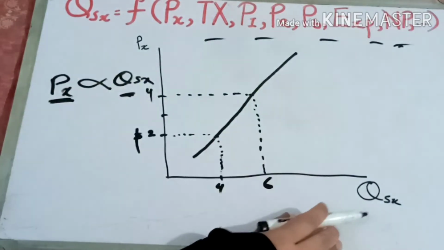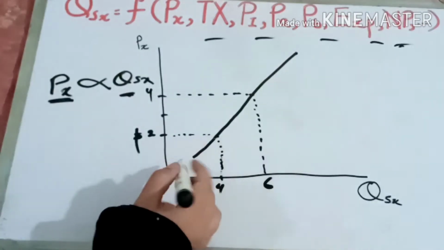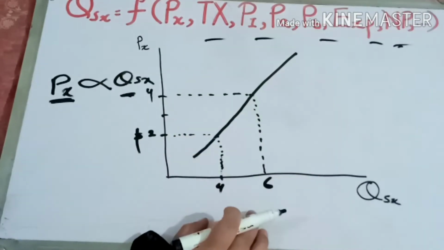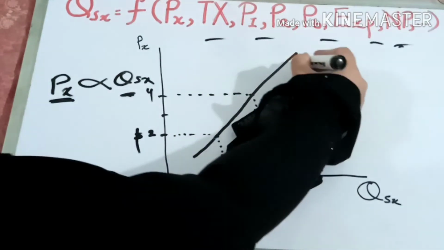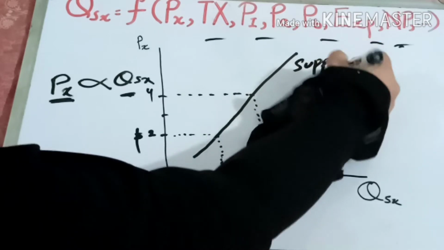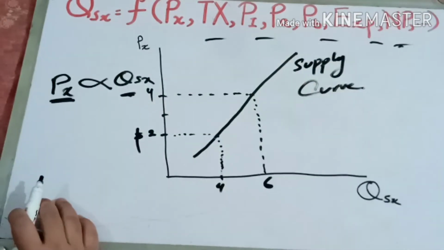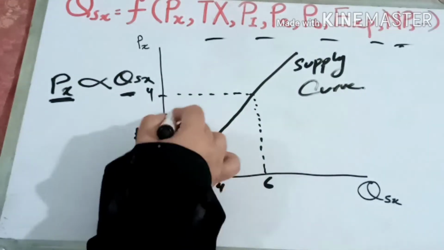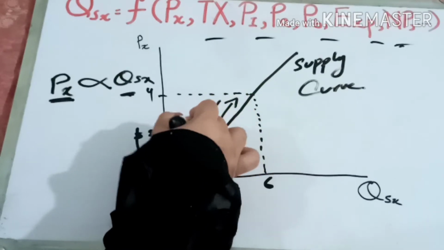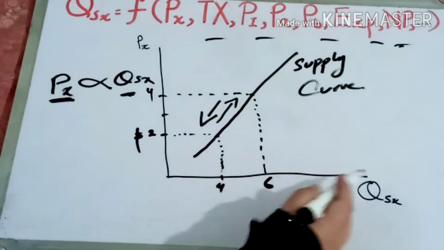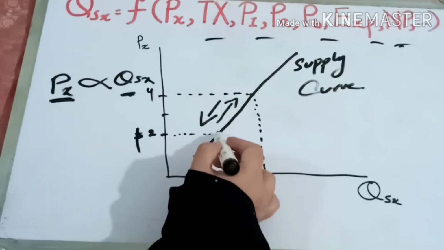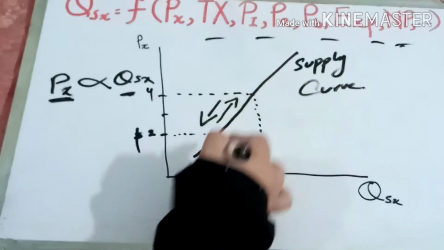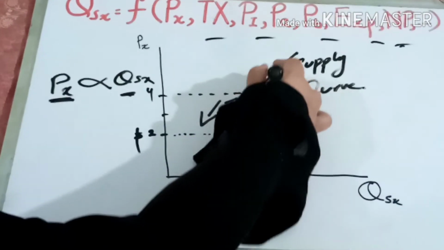Now the price and the quantity supplied always make a relationship which moves along the curve. This is called the supply curve. Whenever there is a price change, either a price increase or a price decrease, the quantity supplied changes upward or downward respectively, and there is a movement along the curve.